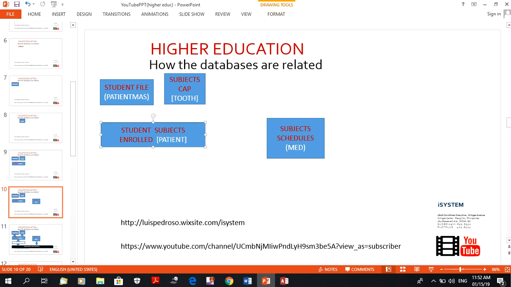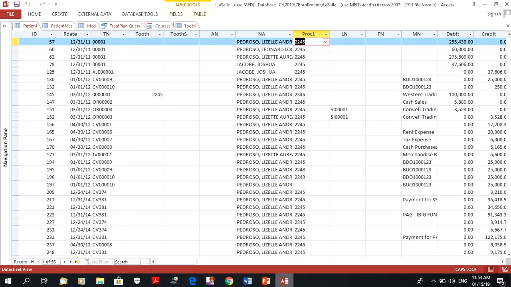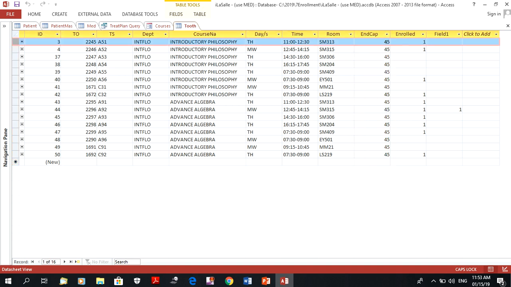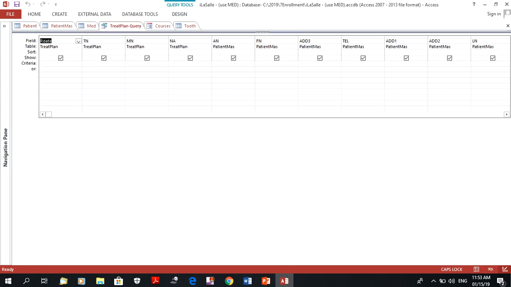These are the subjects with the cap, and these are the subject schedules under a particular subject. You may have one subject here, but this subject has several schedules like this one. So this is how you go about it.